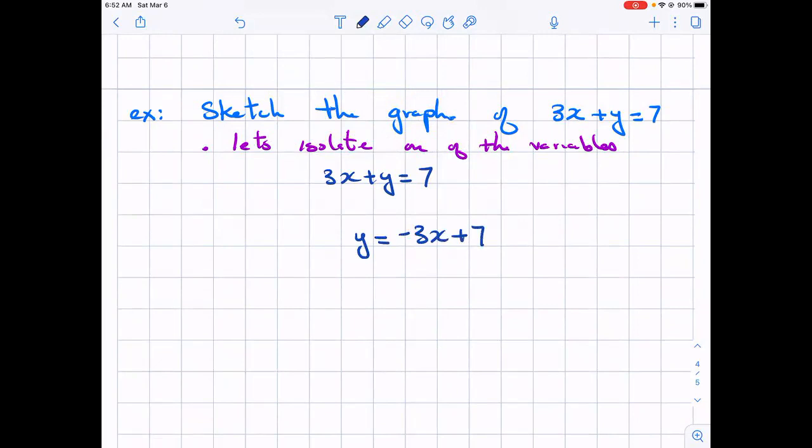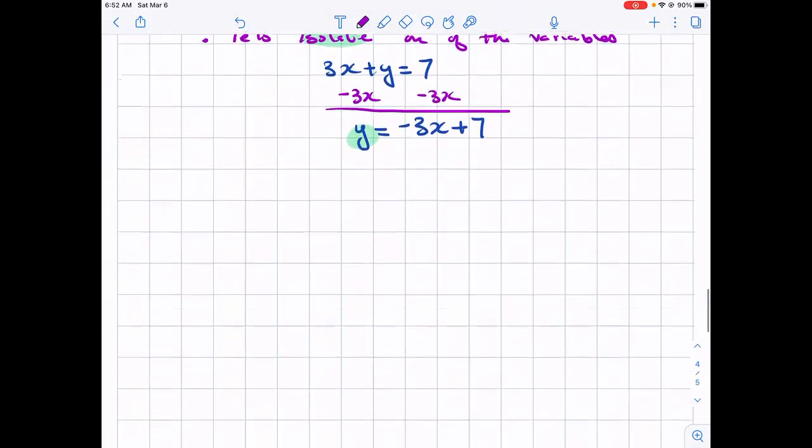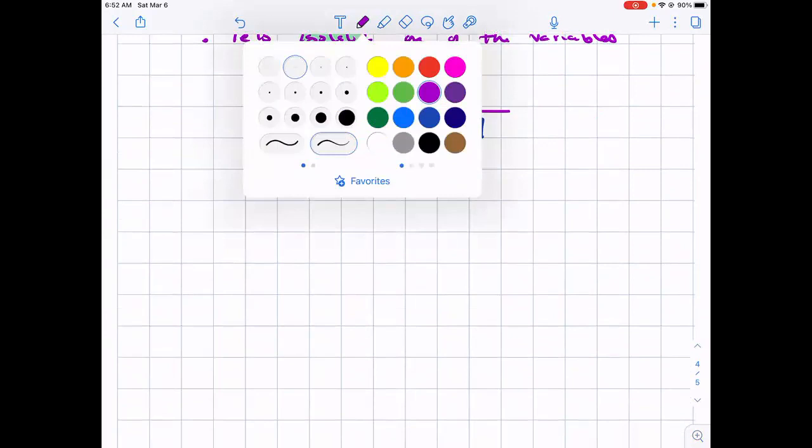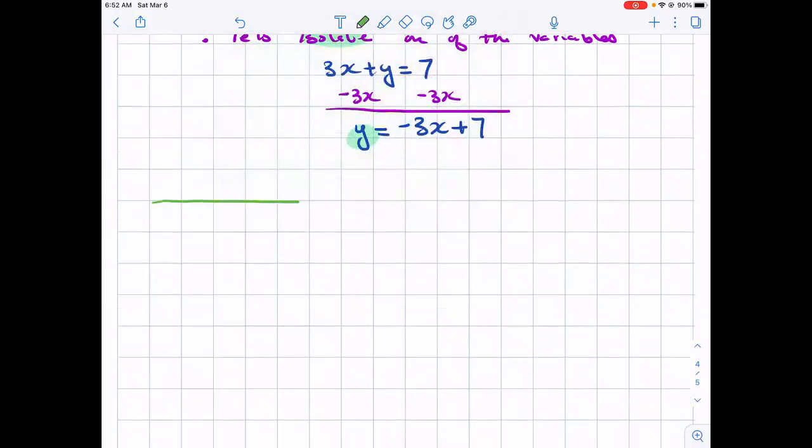So we have isolated y. Basically what we did, we subtracted 3x on both sides. Now we can construct a table. To construct a table, we'll create a table of values. So this is x, that's y.